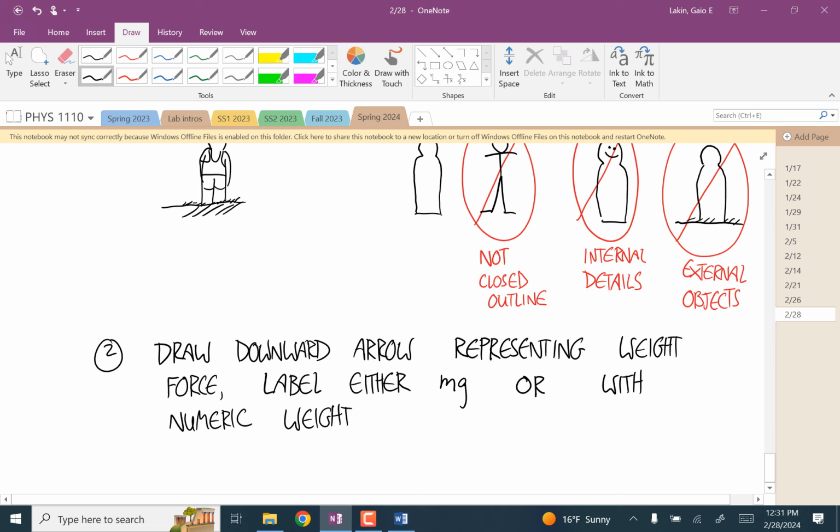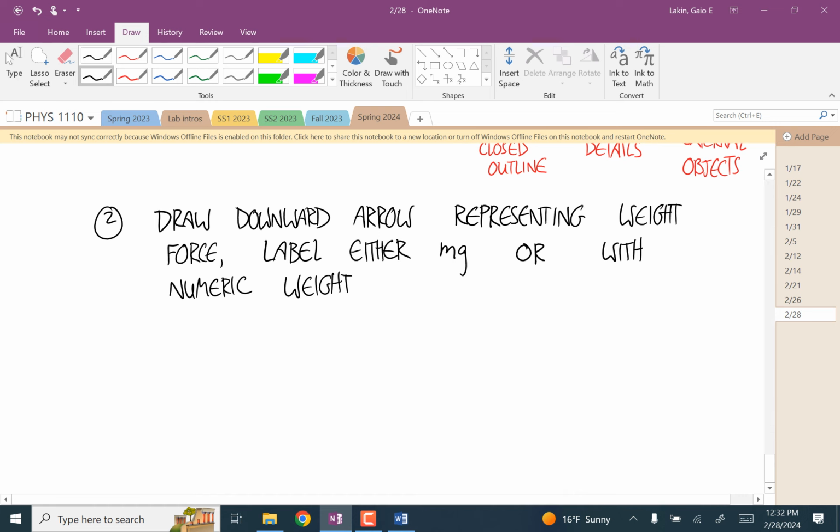So for example, if you know that this person's mass is 50 kilograms, 50 times 9.81 is 490.5. So you could label it mg or you could label it 490.5. And so at this point, your free body diagram looks like this. So you have the outline. You have a downward force like that. And I didn't give his mass, so I'll just call it mg.